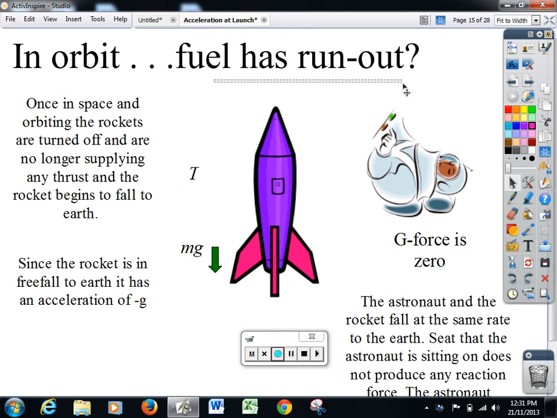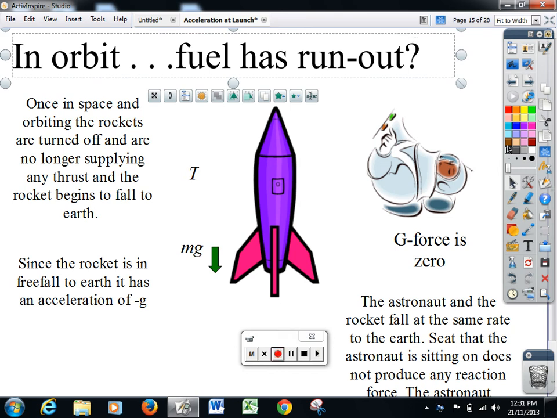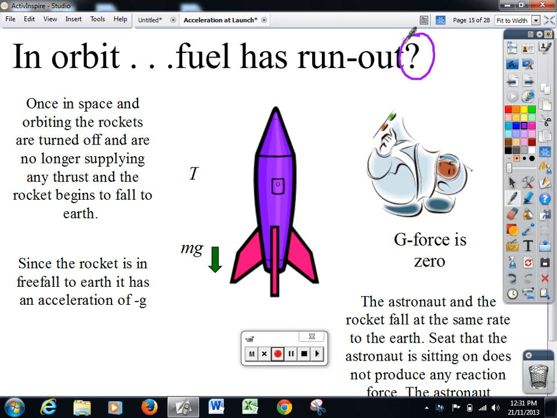If we have fuel that's not needed, it's just a waste, because most of the time when we put satellites into orbit, the rocket is just expended and burnt up on re-entry. So if we put a human into orbit, we often want some fuel there for re-entry to bring them home safely. So sometimes there is fuel, sometimes there isn't fuel left to manipulate our rocket.